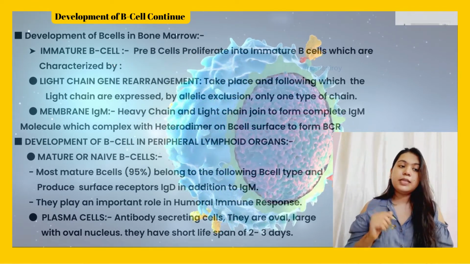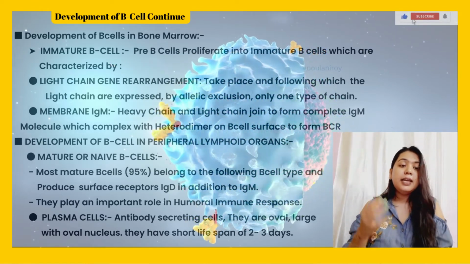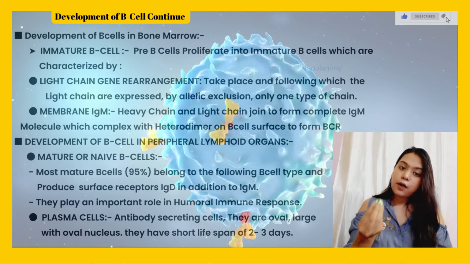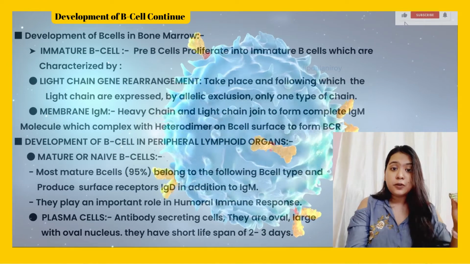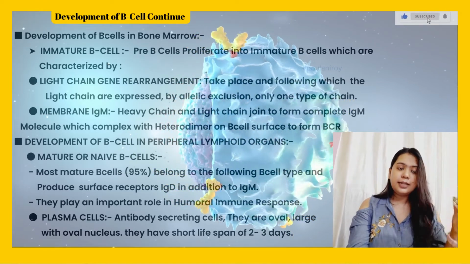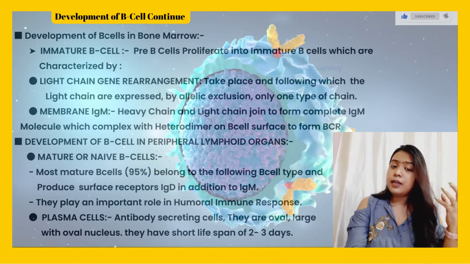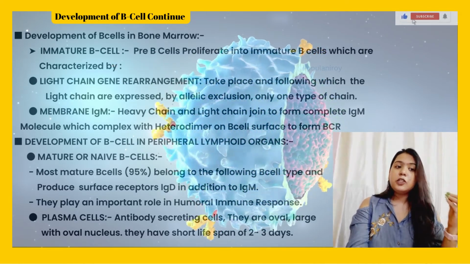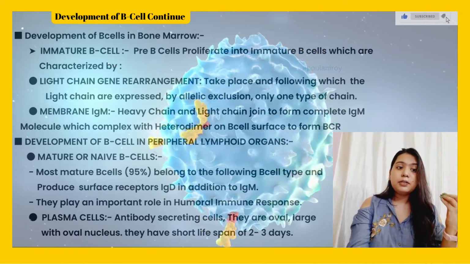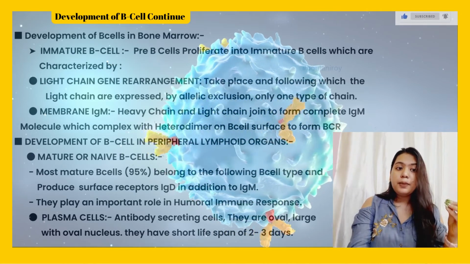Now see next what is happening, the development of B cell in your peripheral lymphoid organs, okay. Peripheral lymphoid organs में क्या हो रहा है, it will get matured, or your naive cell, मतलब the temporary inactivated cell, ठीक है. Now see, most mature B cells, that is your 95%, belong to the following B cell type.